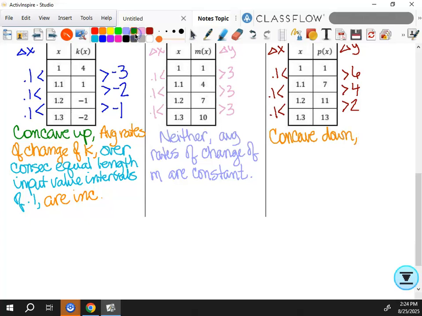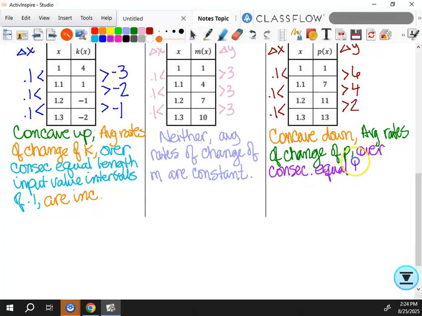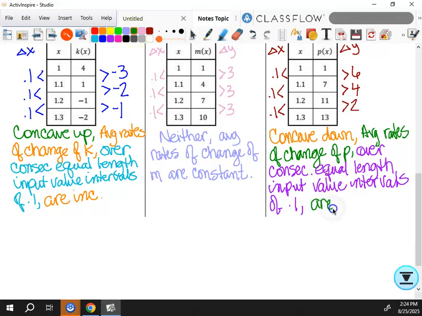And then I would say average rates of change of P over consecutive equal length input value intervals of 0.1 are doing what? Decreasing.